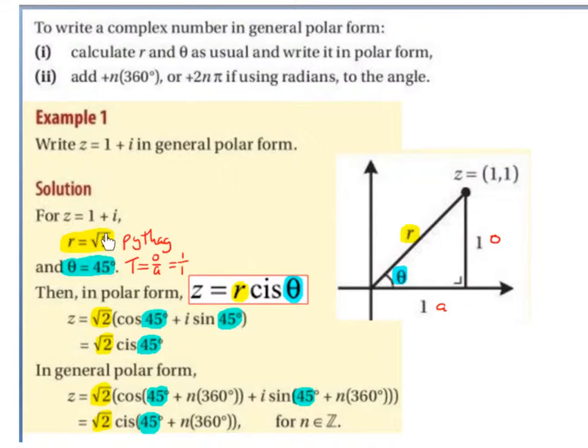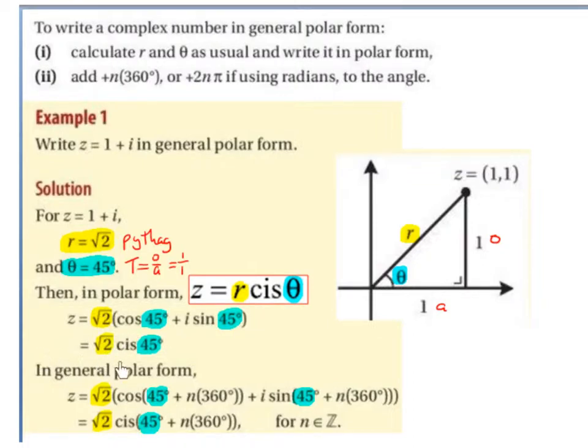So r is equal to the square root of 2 using Pythagoras' theorem, and the angle theta is equal to 45 degrees using TOA. So tan is equal to opposite over adjacent, which is 1 over 1, which gives us 45 degrees if we're in degree mode. Then, in polar form, we get z equal to root 2 cos 45 degrees plus i sine 45 degrees.